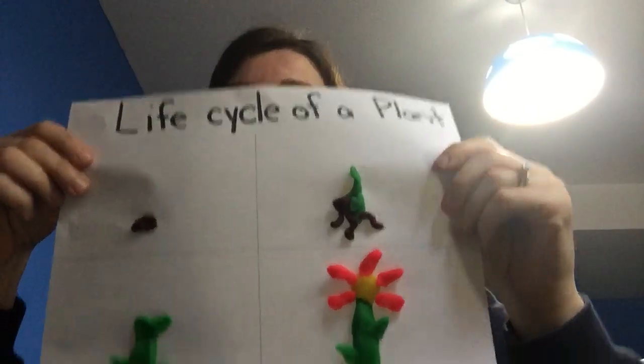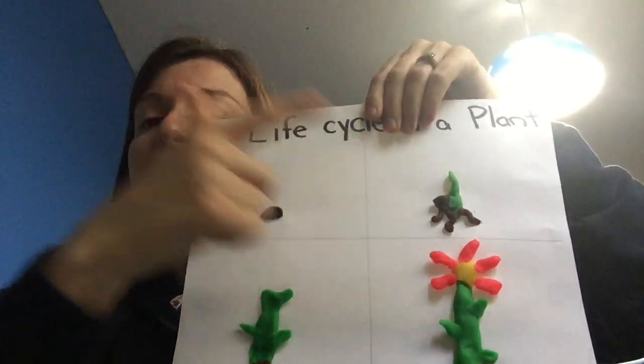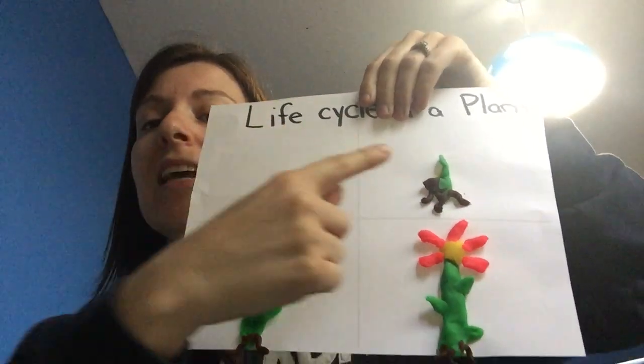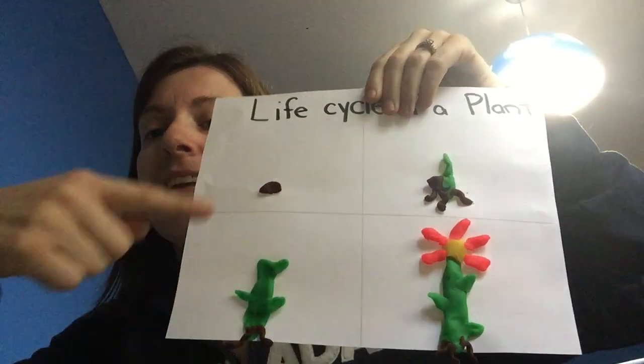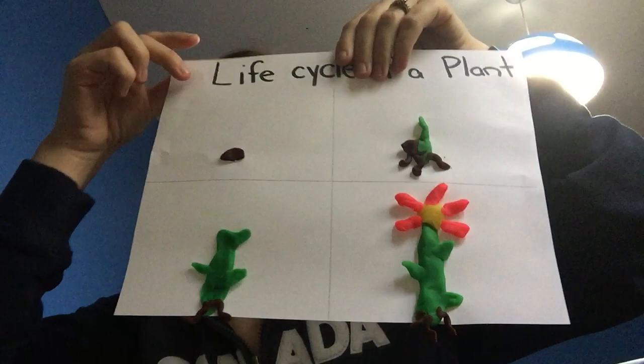So once you've created your picture, you're going to label which picture came first, next, then, and last. SKs, if you would like to challenge yourself a little bit more, you can write simple small sentences explaining each picture.